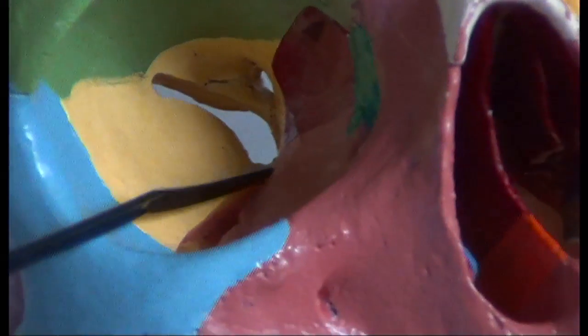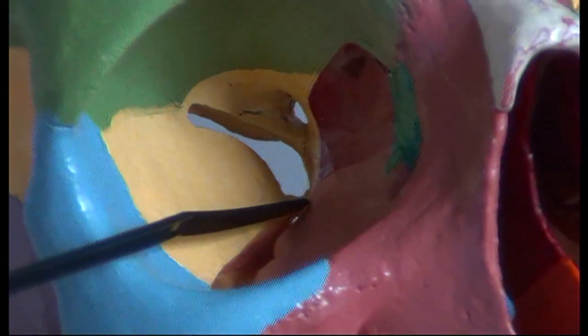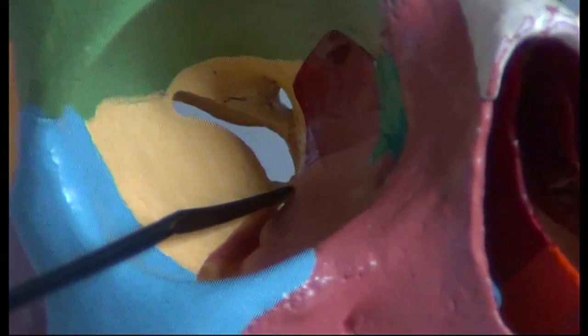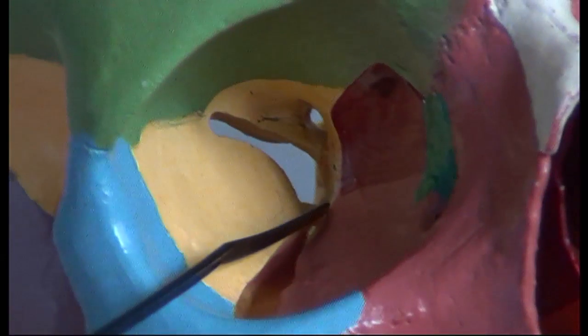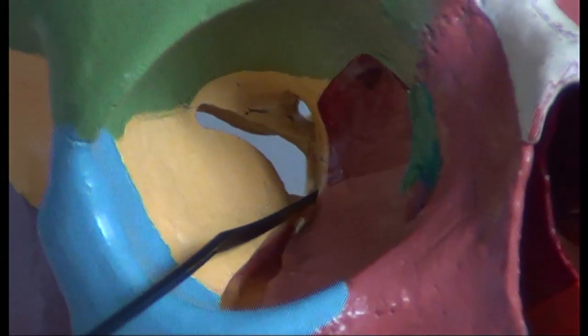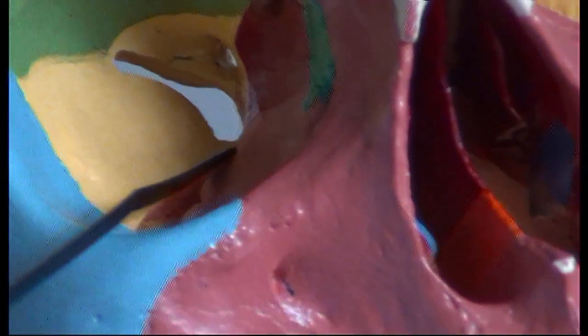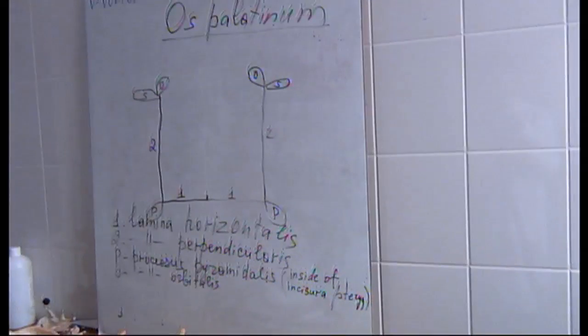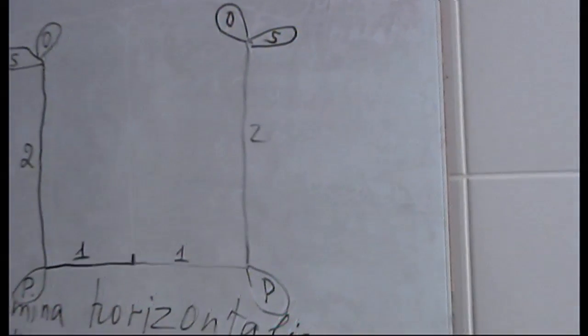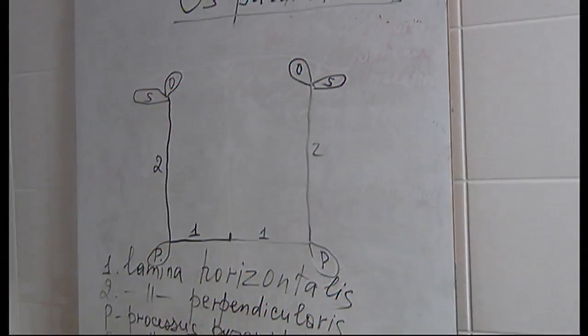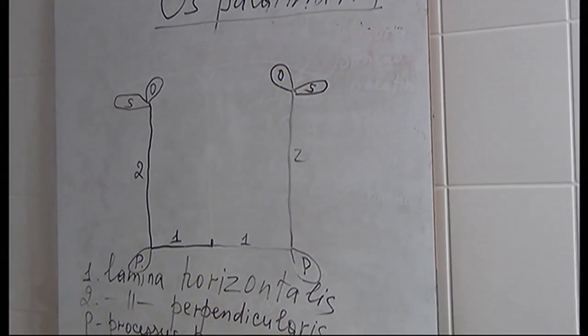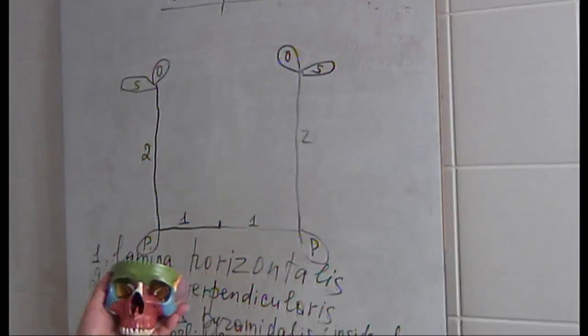Very small, maybe half or less of a square centimeter. A very small structure. To understand how to find it, let's try to understand the principle of organization of the orbit.